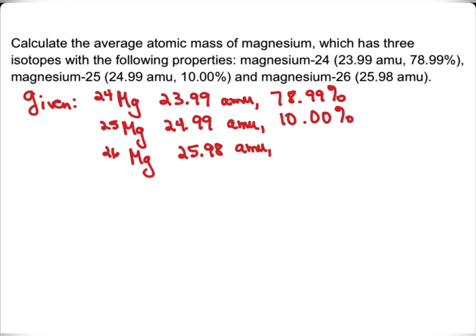We know in order for us to use the formula, we have to have the mass and the percent abundance. Well, we know that the percent abundance of all the isotopes has to equal 100.